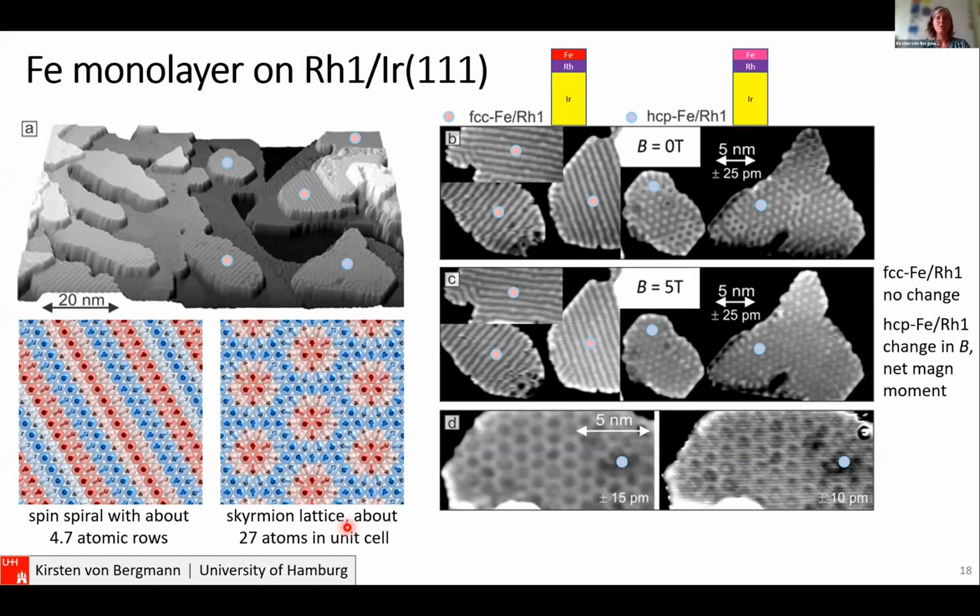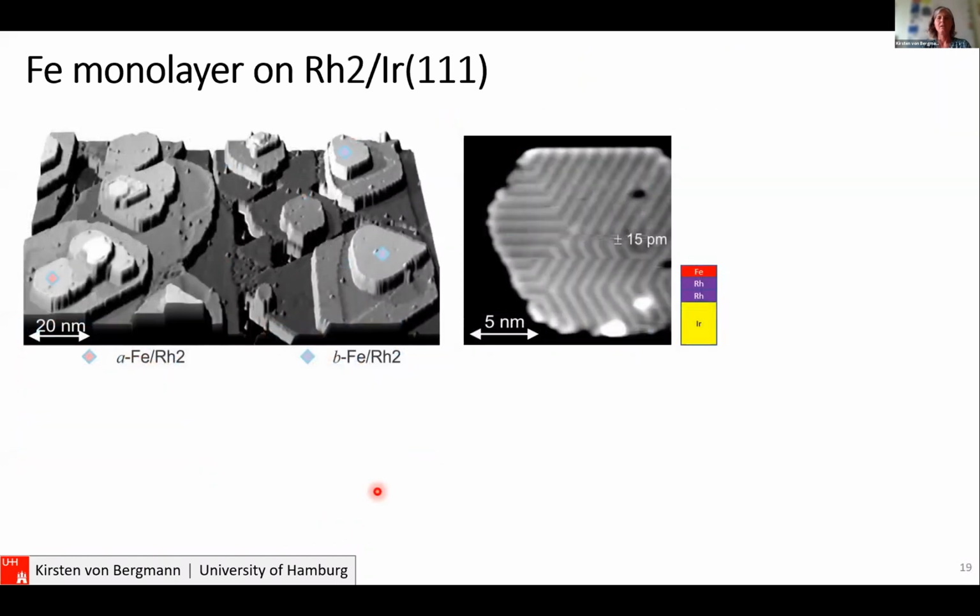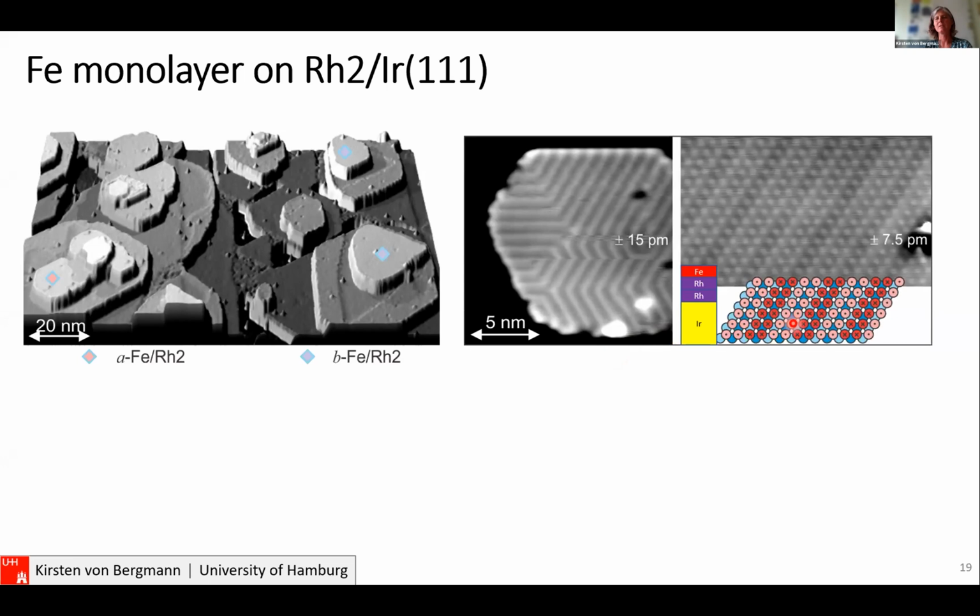Now, I told you we also looked at thicker rhodium layers and the iron on top. Here, this is one of the stackings, and we see these stripes and rotational domains, and it appears very similar to the up-up-down-down state that was studied previously.